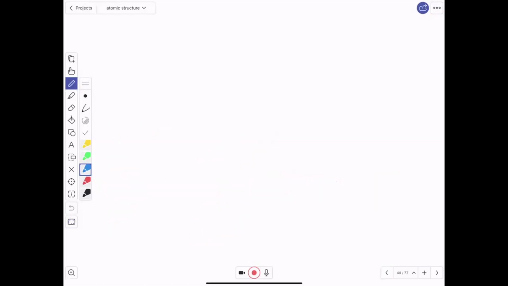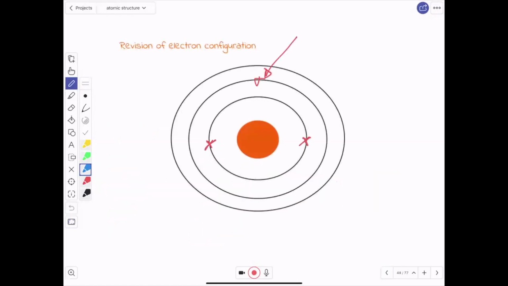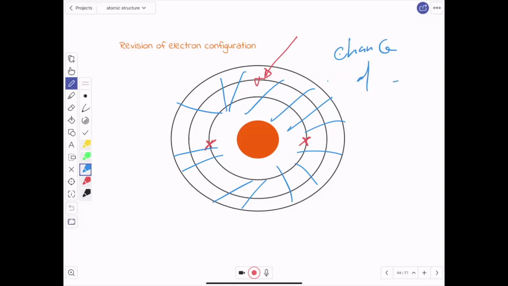So let's just go back to the diagram here. It's somewhere here, anywhere in this blue area that I'm shading, where the probability or the chance of finding an electron is high. And we always assume that electrons are spinning either clockwise or anti-clockwise.